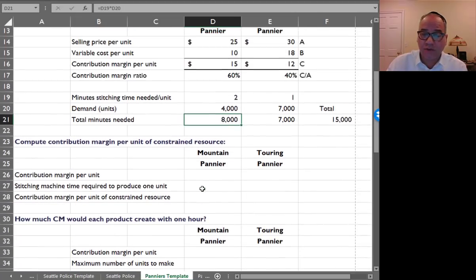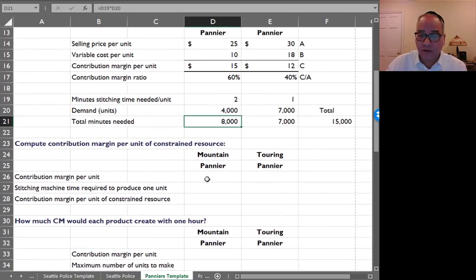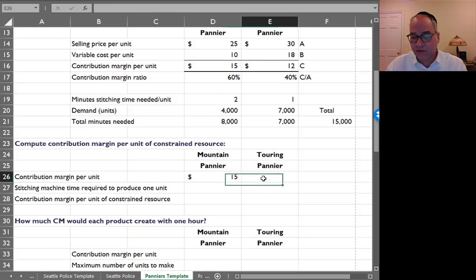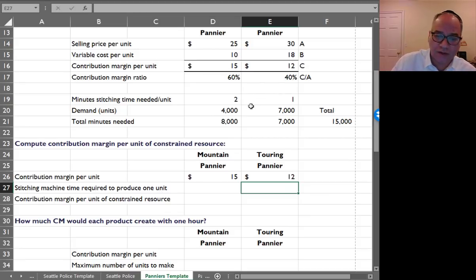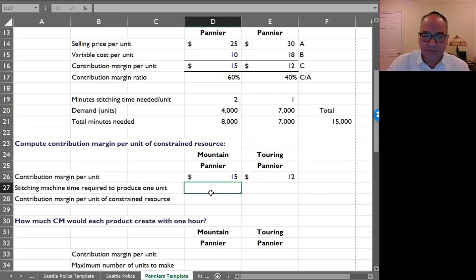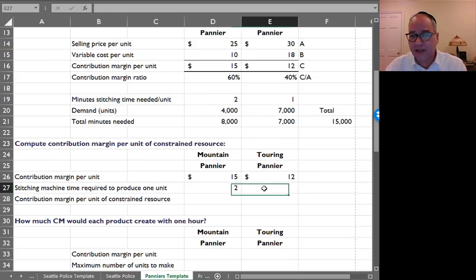So compute the contribution margin per unit of constrained resource. Mountain pannier makes $15 a unit, and the touring pannier makes $12. But the stitching machine time needed for the mountain pannier is 2 minutes, and it's 1 minute for the touring pannier.